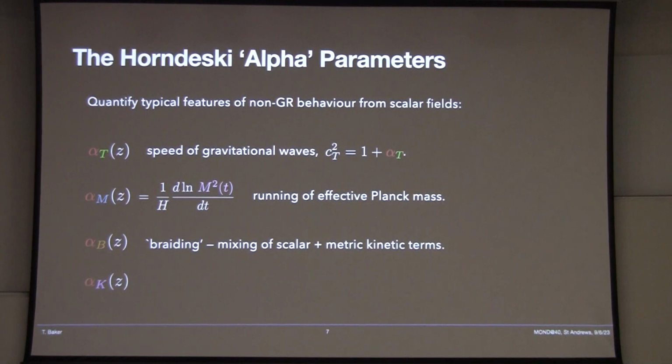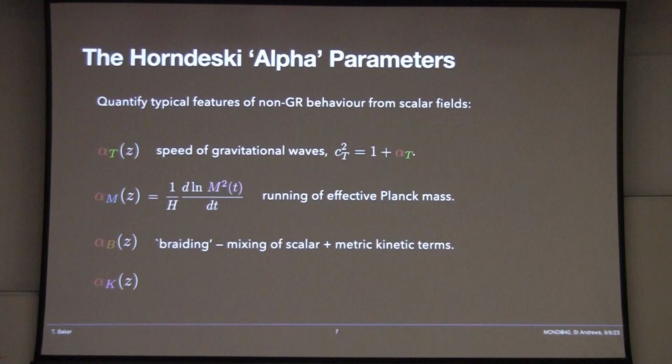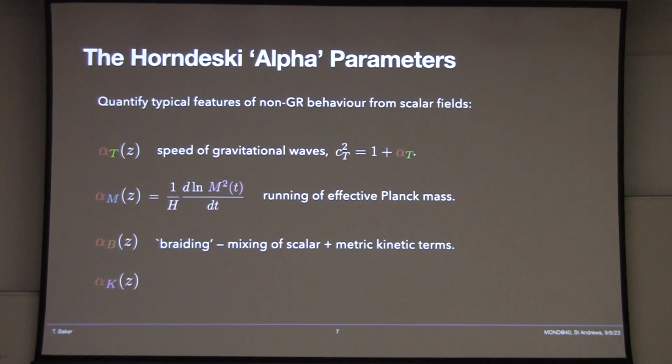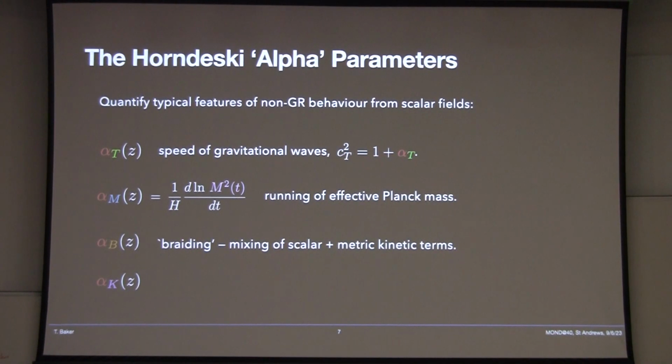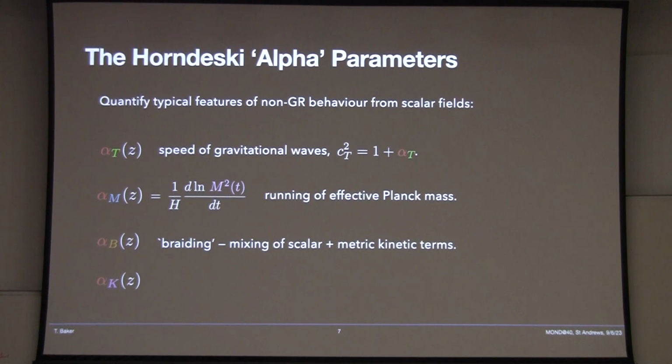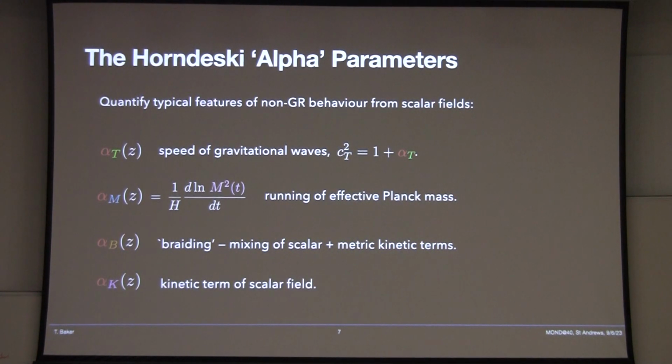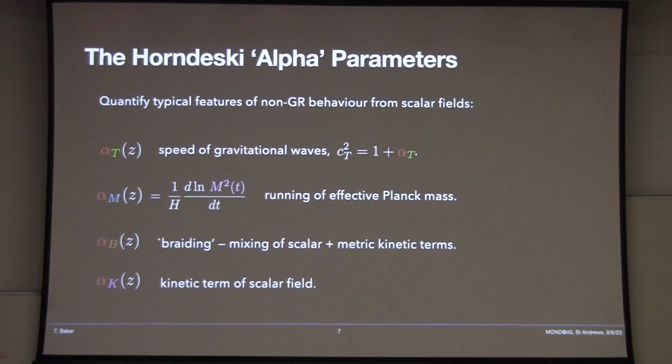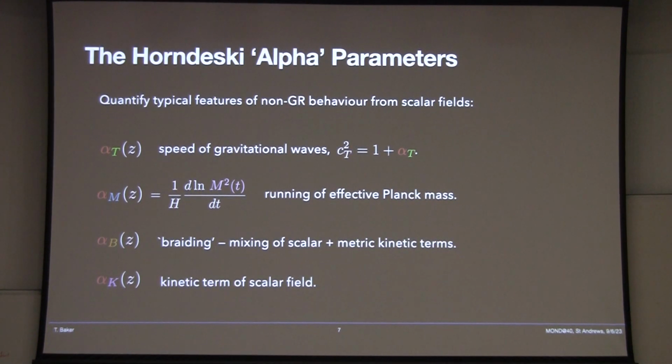Alpha b is called the braiding parameter, and it describes the appearance of a particular interaction between the kinetic terms of the scalar field and the kinetic terms of the metric. And finally, we have alpha k, called the kineticity parameter, and this is related to the kinetic term of this scalar field itself.